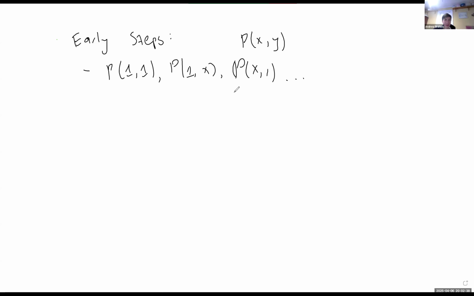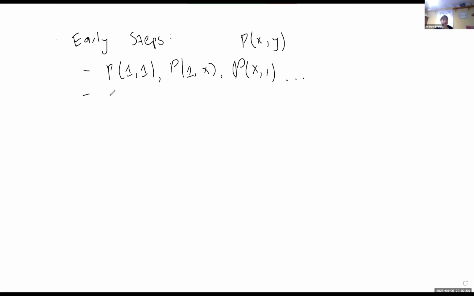These kinds of substitutions usually don't solve it immediately, but they'll give you some useful information, specifically about the value of P of 1, or whether or not you have some sort of involution, things like that.